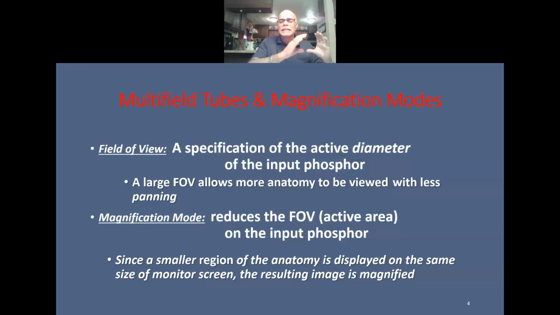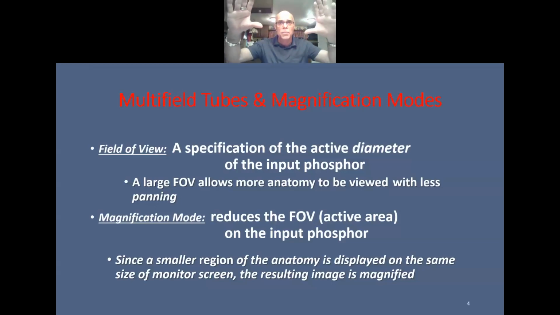We're using less of it. We have less interactions with the X-rays, less interactions with light, less electrons. So the image is going to be less bright. It's not going to be as bright. And what the machine does, it actually amps up your mA to maintain that same brightness on the monitor. Now we have a magnified image.